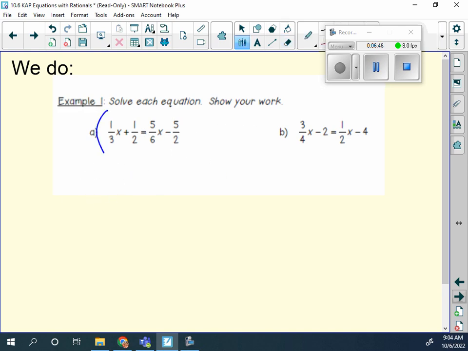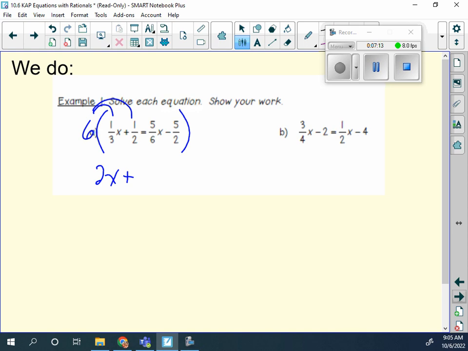So first, I put parentheses around the whole thing, and I figured out what to multiply the whole thing by, which was what? 6. Because that was my least common denominator, okay? Now, when I do 6 times 1 over 3, well, 6 times 1 is 6 divided by 3 is 2, but then don't forget your x, so 2x plus 6 times a half.